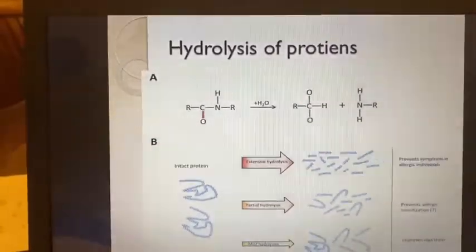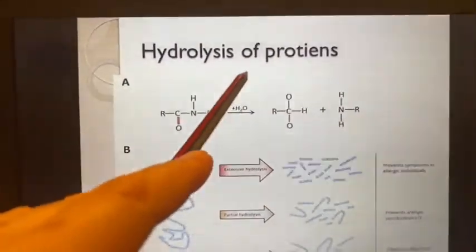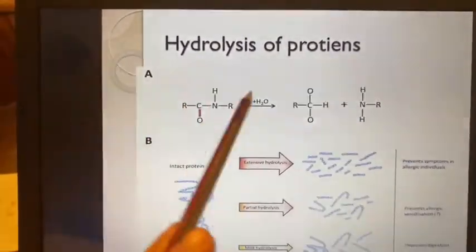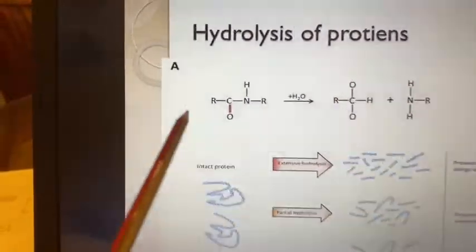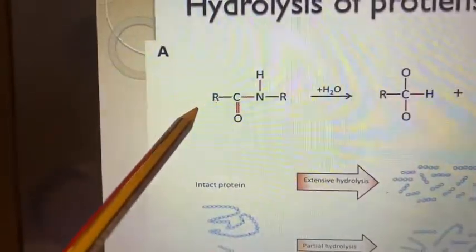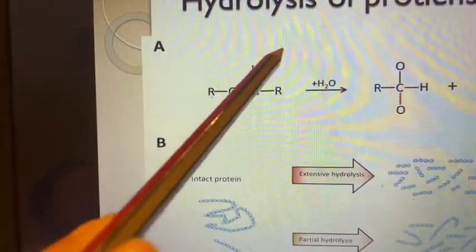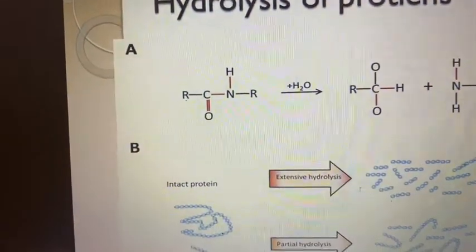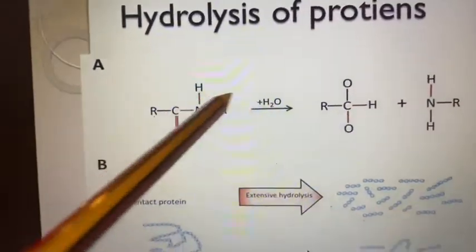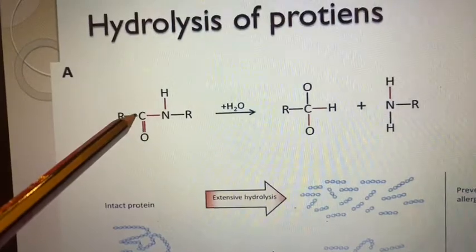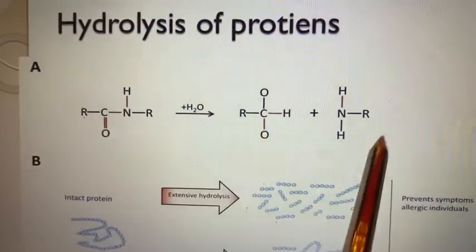Okay, I can break proteins by hydrolysis. What is meant by hydrolysis? It's the reaction of the protein. We said R is a long chain of hydrocarbons, and they have this link, the amide link. Now, when they react with water, you will get back to their normal monomers.